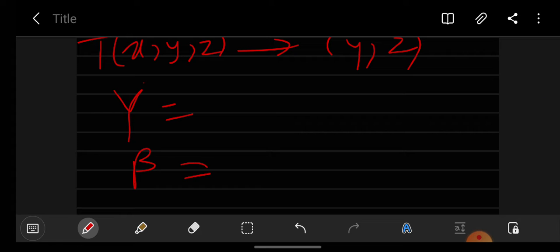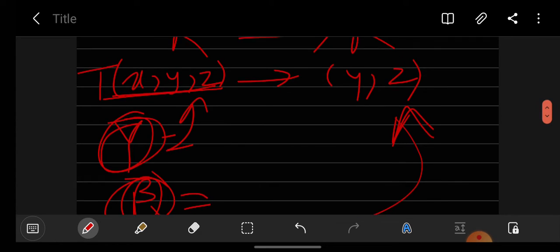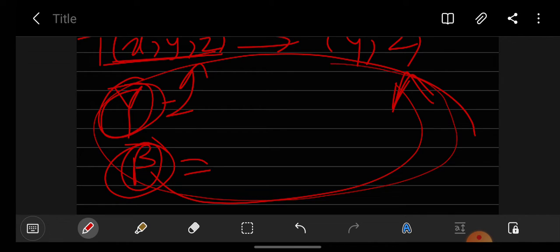Here, gamma and beta are the bases. So gamma is this and beta is this. For gamma you get a different basis, for beta you get a different basis, and you have to find the ordered basis by using these two bases.